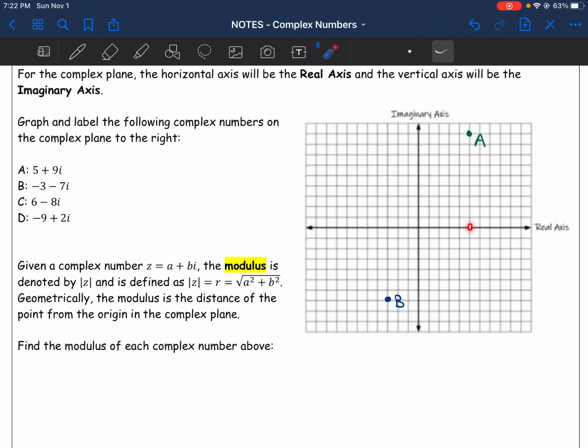Well, we already know that this was 5, so this will be 6 right here. And then negative 8 will take us down right there. And let's do red. All right, there's point C.